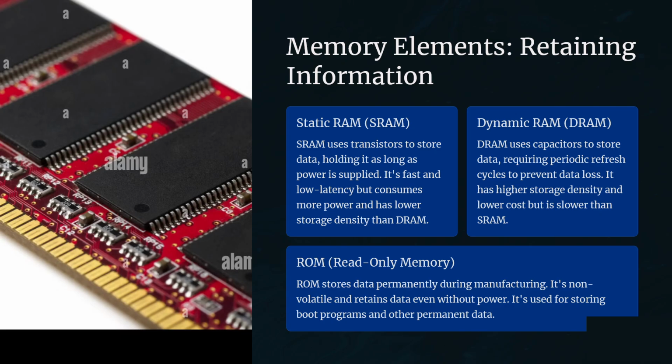Memory elements: retaining information. Static RAM, or SRAM, uses transistors to store data, holding it as long as power is supplied. It is fast and low latency but consumes more power and has lower storage density.